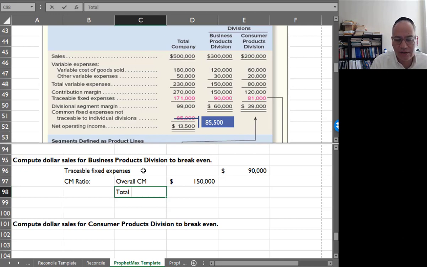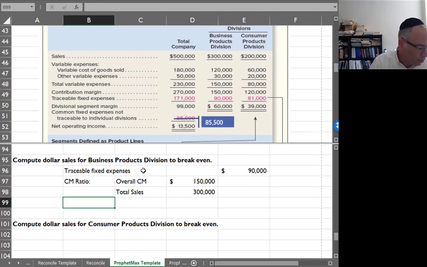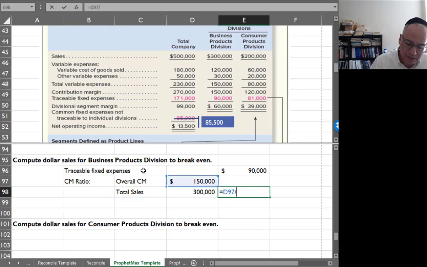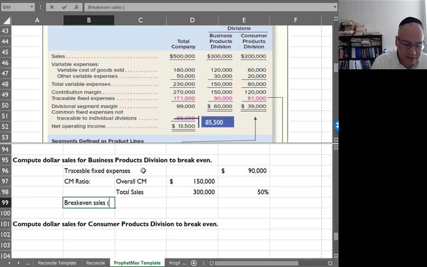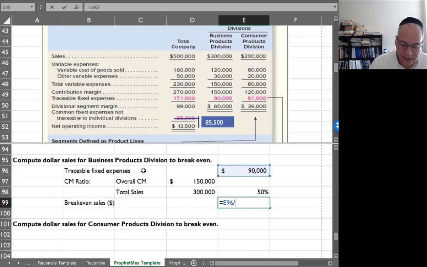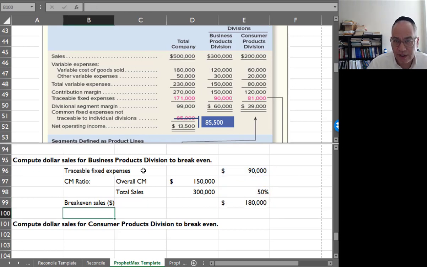Total sales is 300,000, so my contribution margin ratio would be 50%, and break-even sales in dollars would be 90,000 divided by 50%, or $180,000. So I would need to sell $180,000 in the business products division in order to break even.